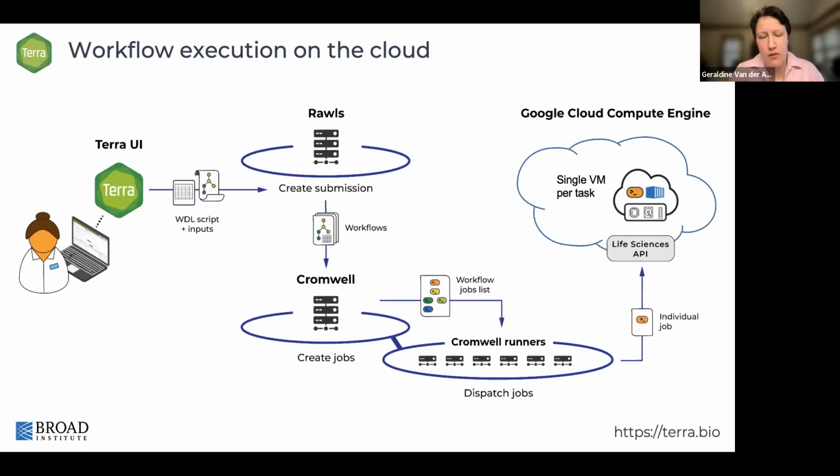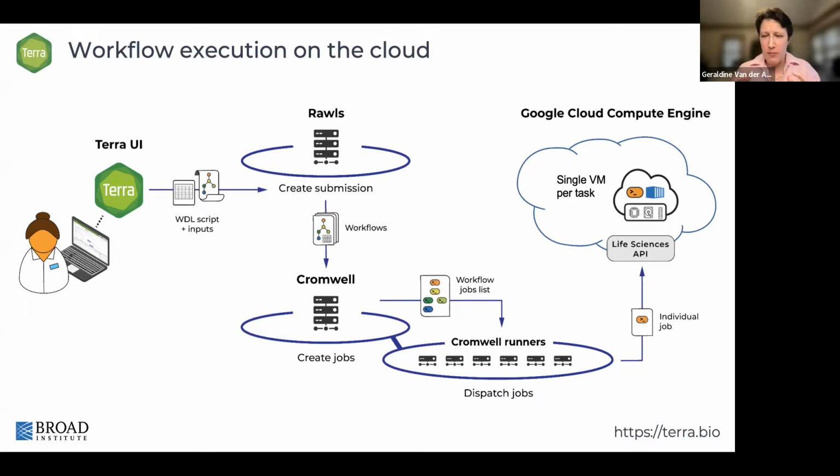And what happens under the hood, and again, you don't need to worry too much about the different components, but just so you get a concrete sense of what happens, there'll be services within Terra that will handle the inputs, look at the script definition, decide, okay, these are the tasks that need to be generated, and then dispatch that to the cloud backend, in this case, the Google Cloud.